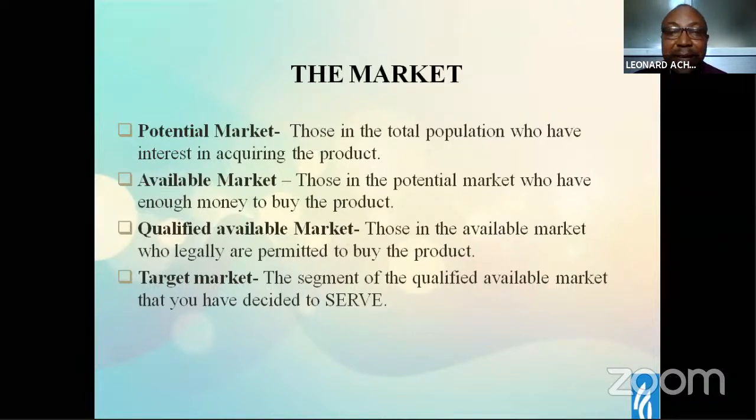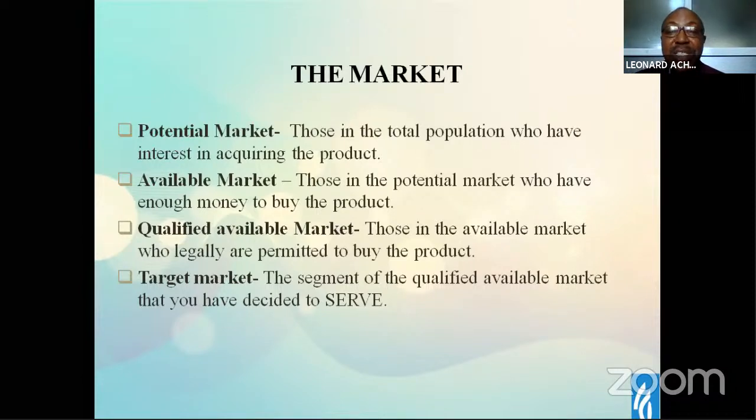So all the buyers there are called potential buyers, and the sellers, of course, are all potential sellers. When they come together, we call them potential markets. Those in the total population who have interest in acquiring the product, or who are also interested in selling their products.